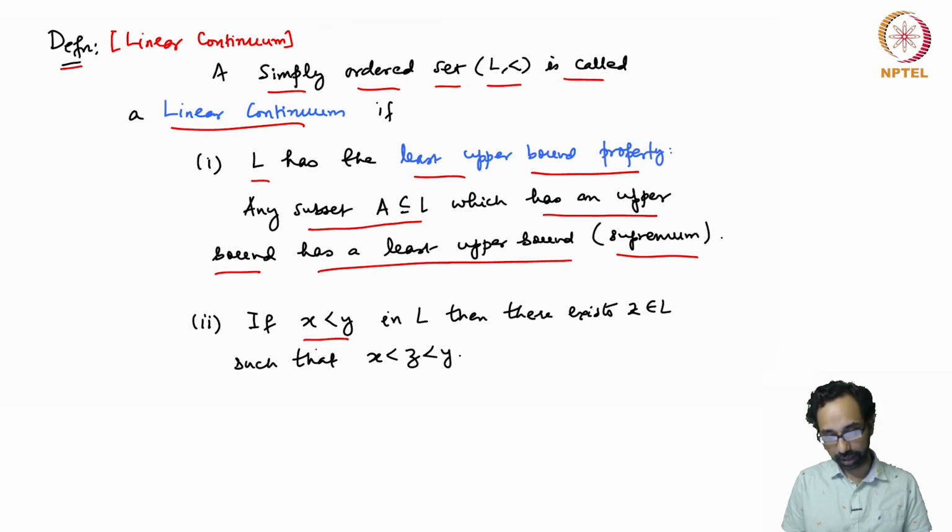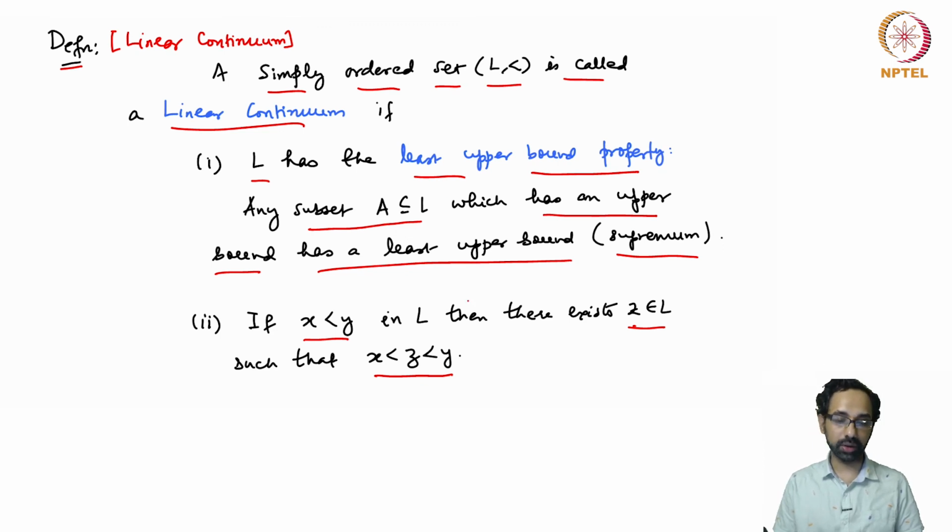It says that if x is less than y in L, then there exists another point z such that x is less than z is less than y. So any simply ordered set which satisfies these two conditions is called a linear continuum, and the main property of a linear continuum is that it is connected in the order topology.